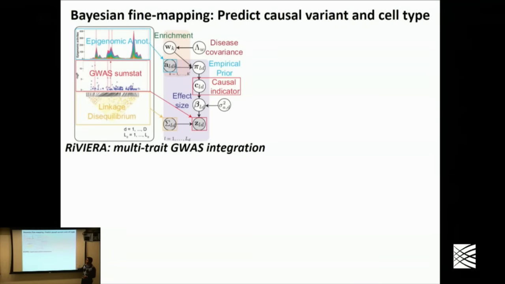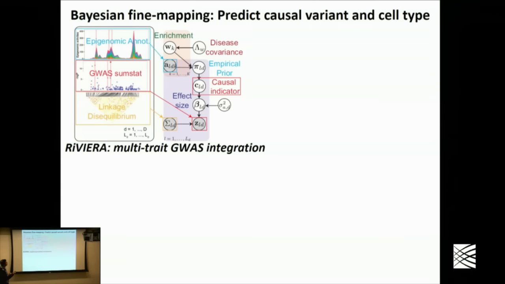And I mentioned that we've developed these computational models for doing this systematically. So instead of just doing this one cell type at a time, we can start combining all that together. We can deal with multiple diseases simultaneously. We can look at enrichment across hundreds of annotations at once.